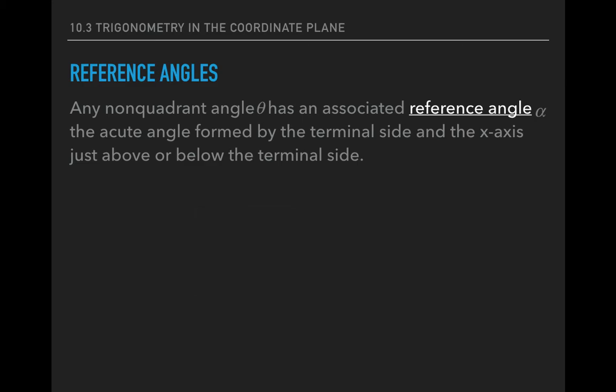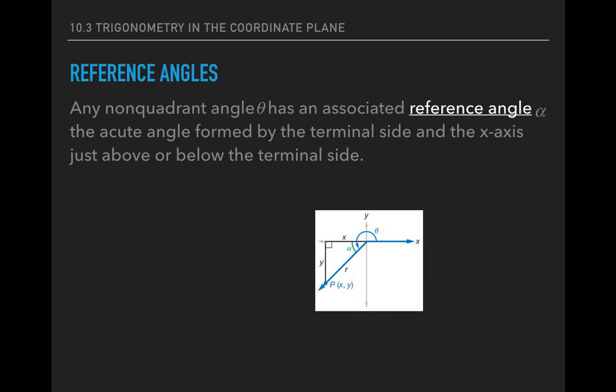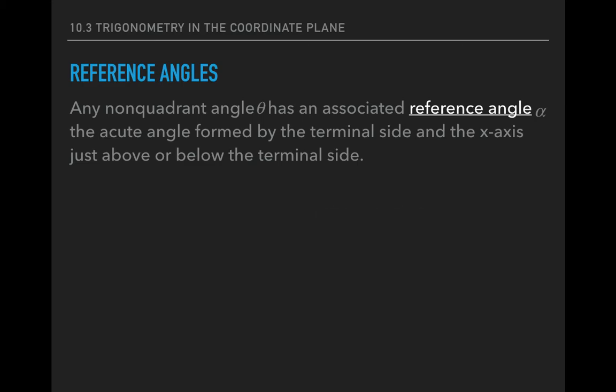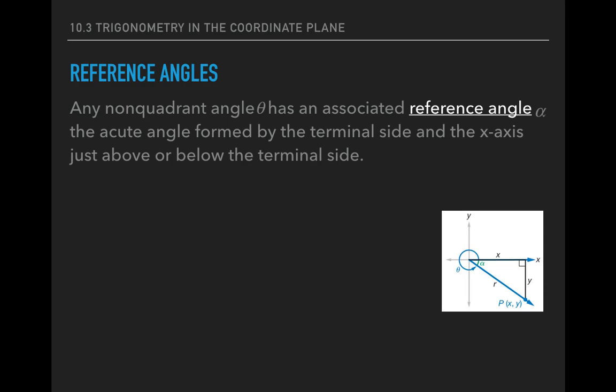Okay, what about if you end in quadrant 3? Here our terminal ray is in quadrant 3, so alpha is just going to be the angle up to your x-axis. And there's our nice reference triangle. And lastly, if you had an angle ending in your 4th quadrant, you would measure up to the x-axis.